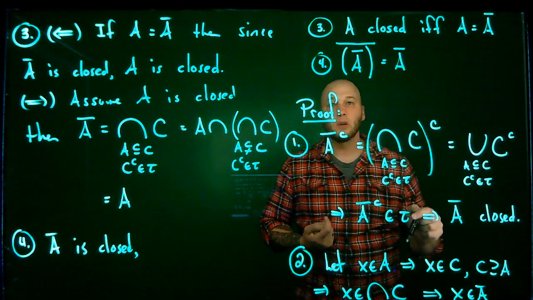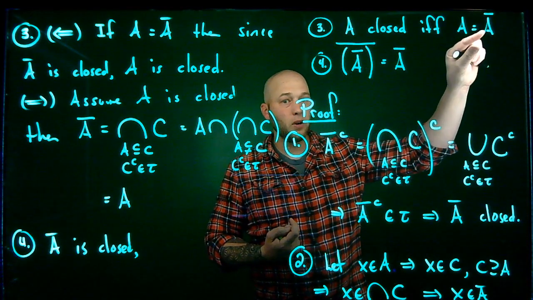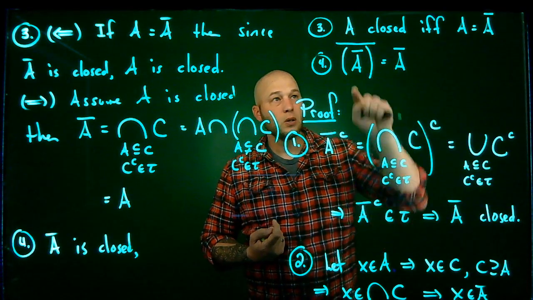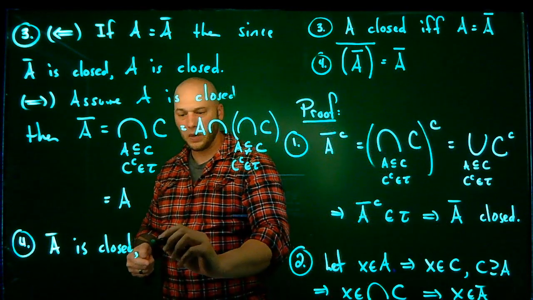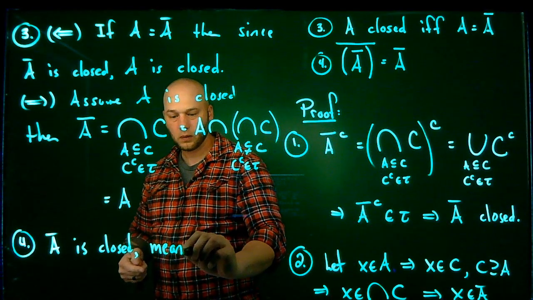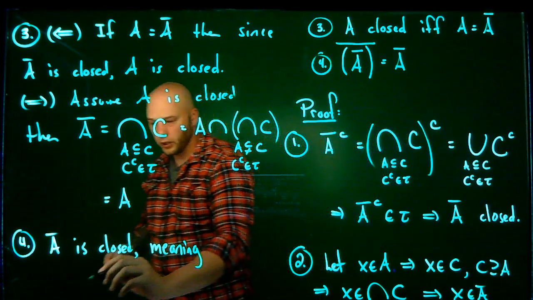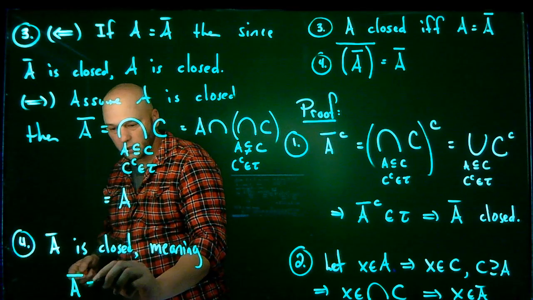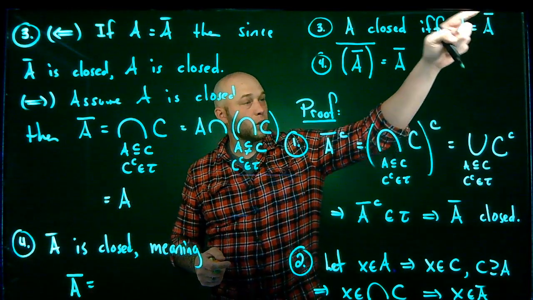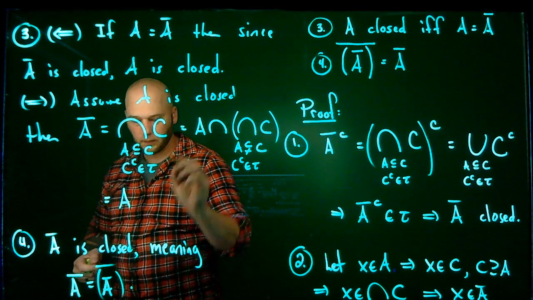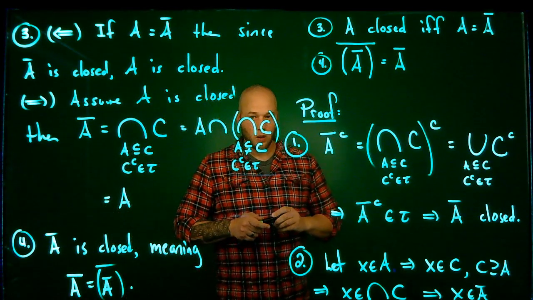What I'm going to do is basically just take statement number 3, and in place of A, I'm going to put a closure. So the closure is closed, therefore the closure is equal to the closure of the closure. And there we go.